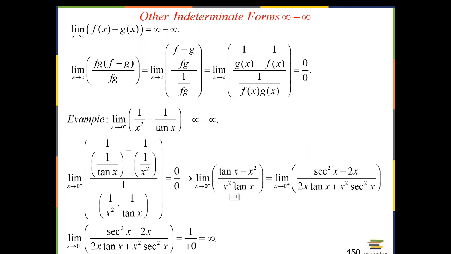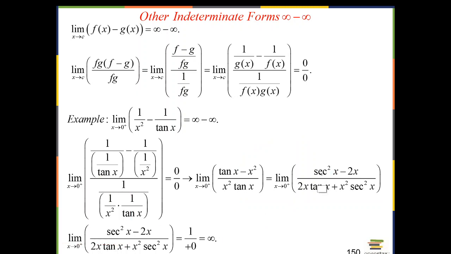Now remember, this is a product rule, because it's a product. So we have to use the product rule to take the derivative of the denominator of this one. So derivative of x squared is 2x times tangent plus derivative of tangent, which is secant squared, times x squared, right? Again, don't confuse this with the quotient rule. We're just taking the derivative of the numerator and the derivative of the denominator, right?